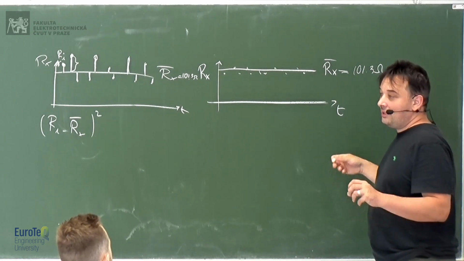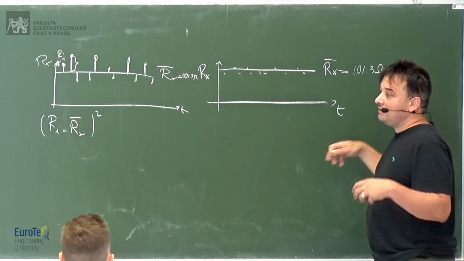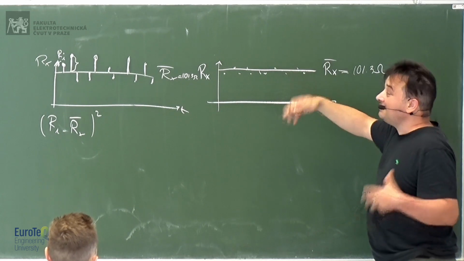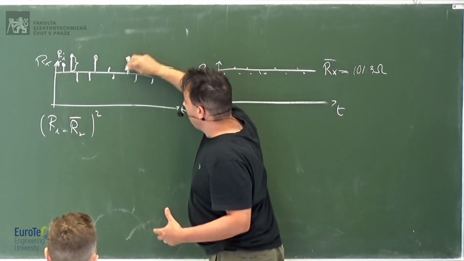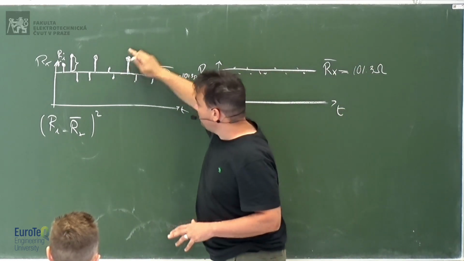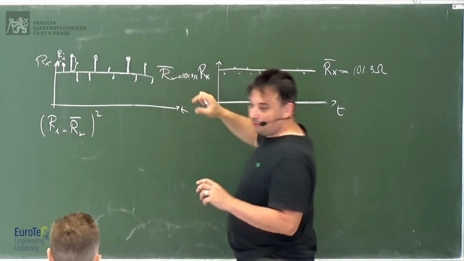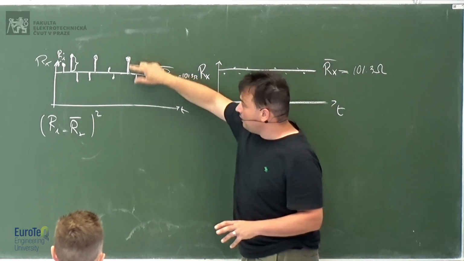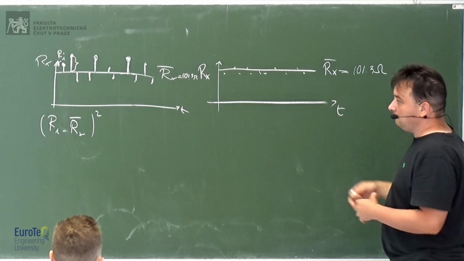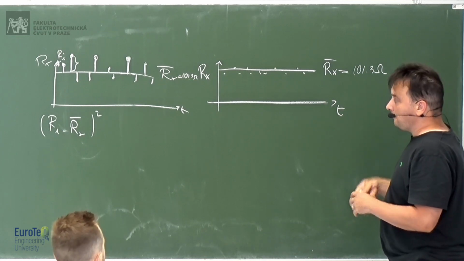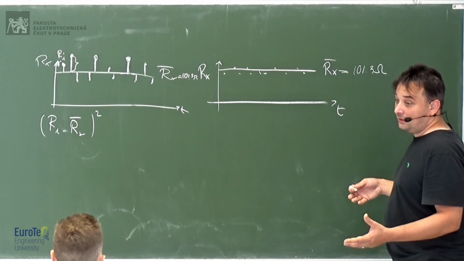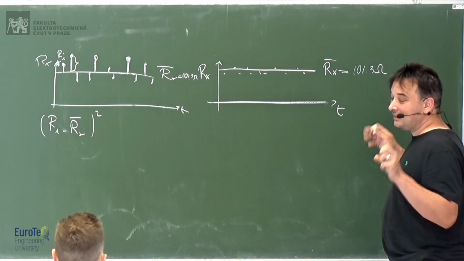So what you do is calculate how large on average is the difference between the single point and the average value, for the points that you measure, for the whole graph. You take 10, 20, 100, 1,000, and that's the standard deviation.